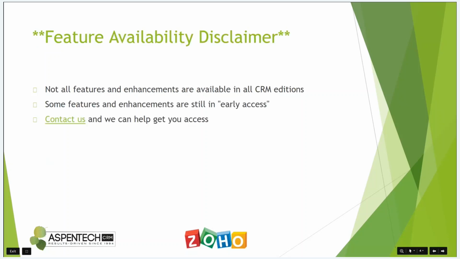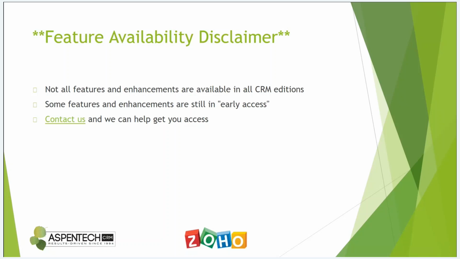I wanted to make a quick note about some of the features that we're going to be covering today. Not all of the new features and enhancements are available in all CRM editions. If you're not familiar, Zoho has everything from an Ultimate Edition down to Enterprise, Professional, Standard, as well as even a free edition of CRM. Some of these features and enhancements are also still in early access, so some of them you might have to apply for or fill out a web form just to get access to them.